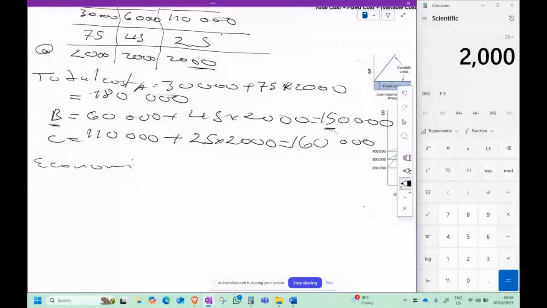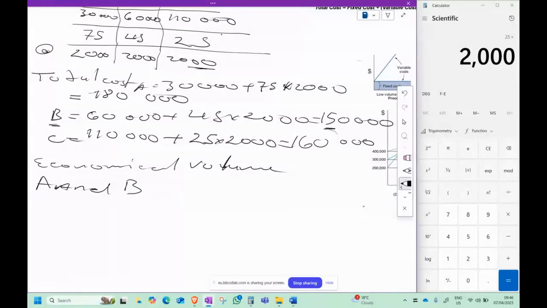Now we're looking for the economical volume between point A and point B.